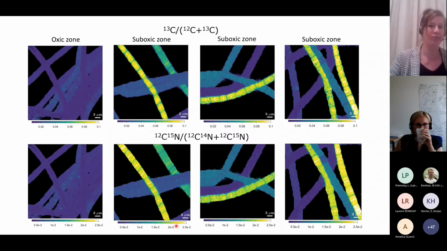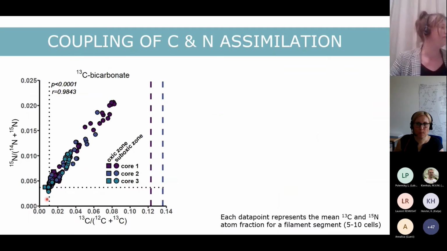So we did these measurements for many different filament fragments, which you can see here. Here you see a graph. On the x-axis, you see the 13C atom fraction. On the y-axis, you see the 15N atom fraction. The dotted lines are the natural 13C and 15N isotope ratios.